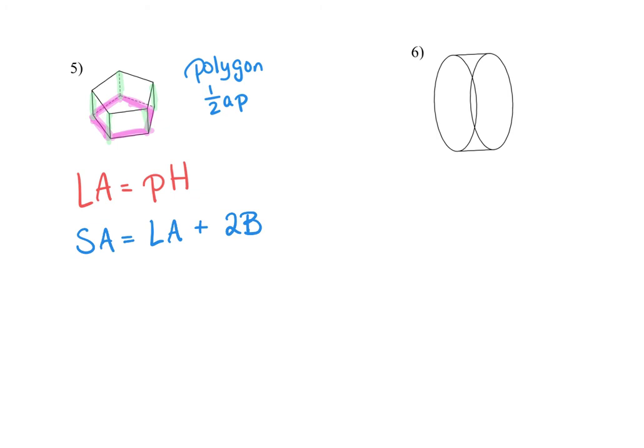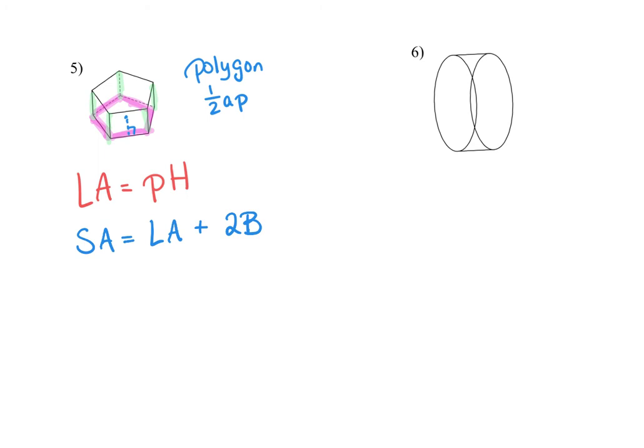Remember, apothem is this little guy that they give you right here. Perimeter you've already used in lateral area; you need to use that same number again here. Calculate the area of 1 regular polygon and then double it. Lateral area plus 2 bases, 1/2 apothem times perimeter.